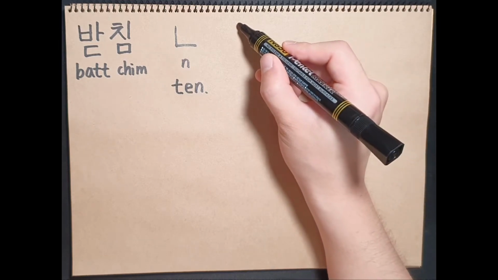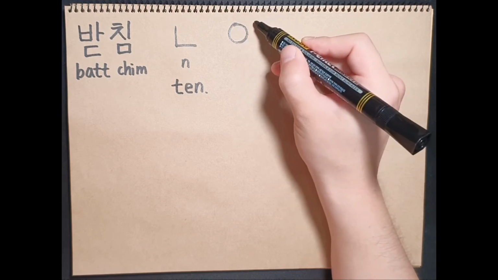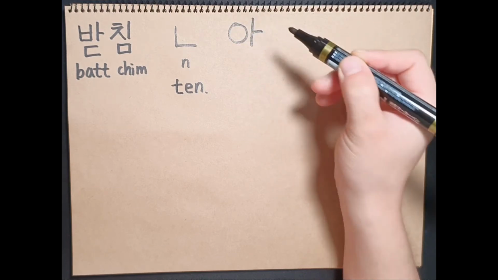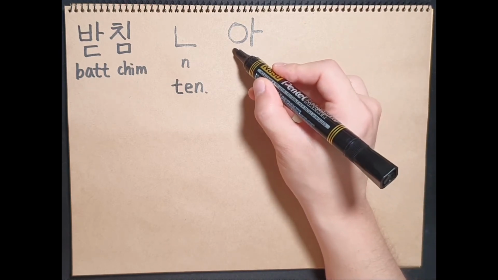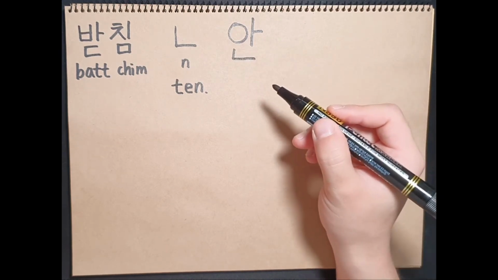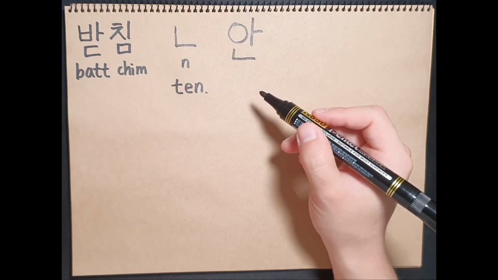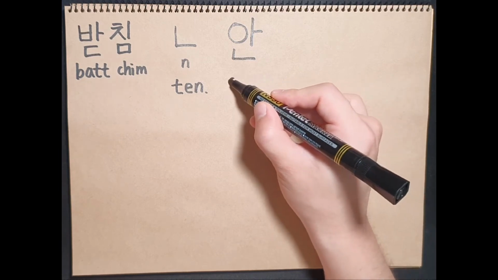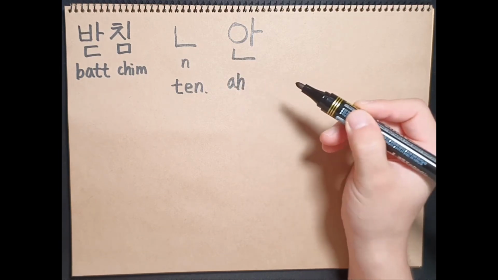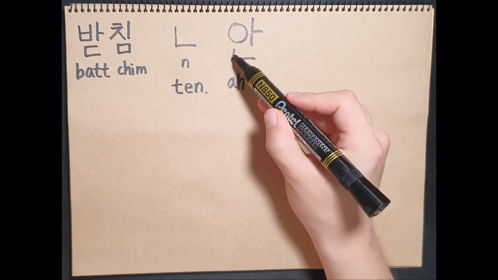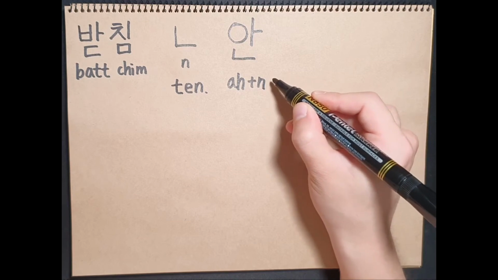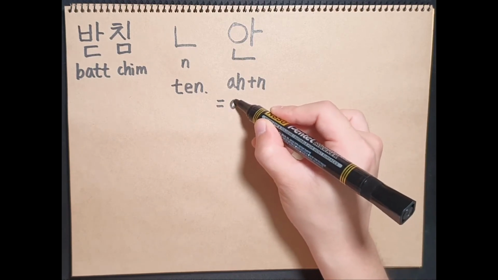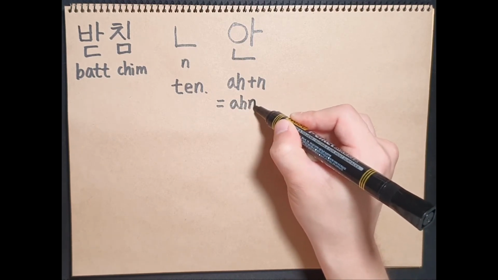So let's continue with a. When you add nieun at the bottom of a, it becomes an. So a plus nieun at the bottom: you just add n, and it becomes an.